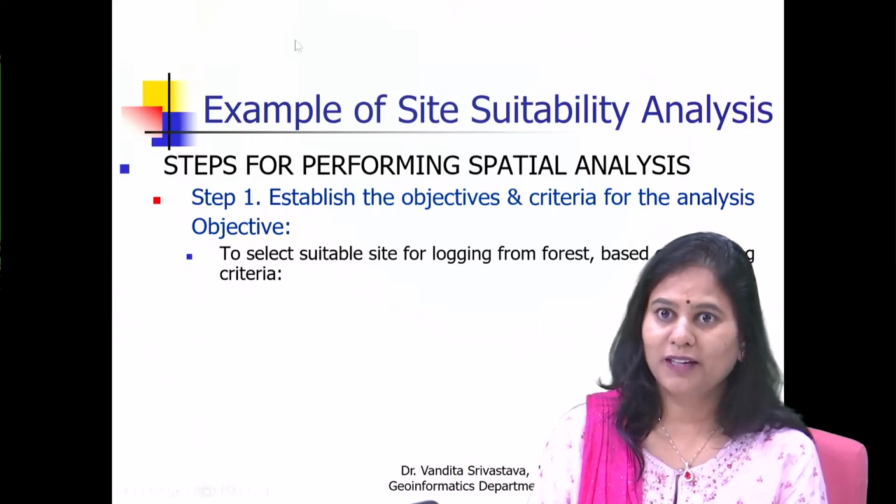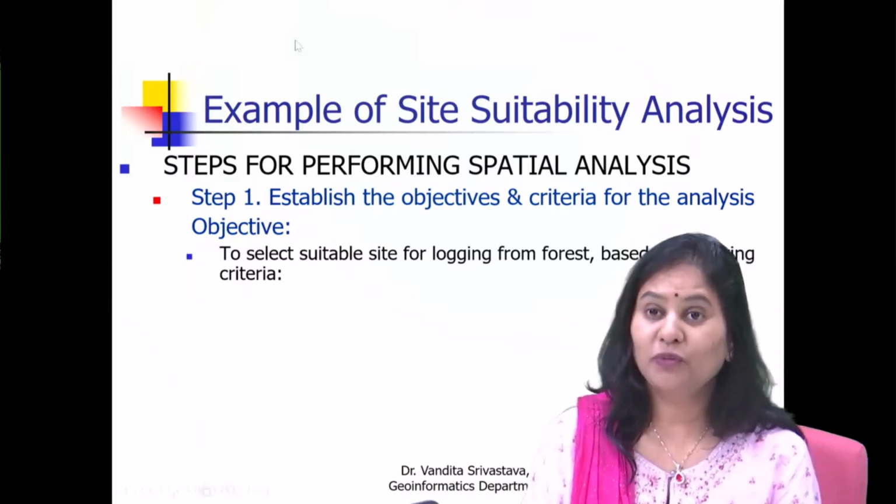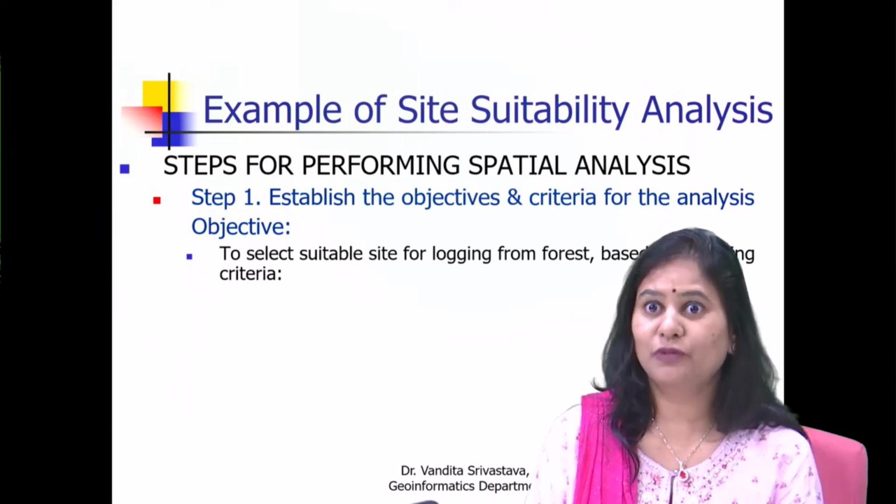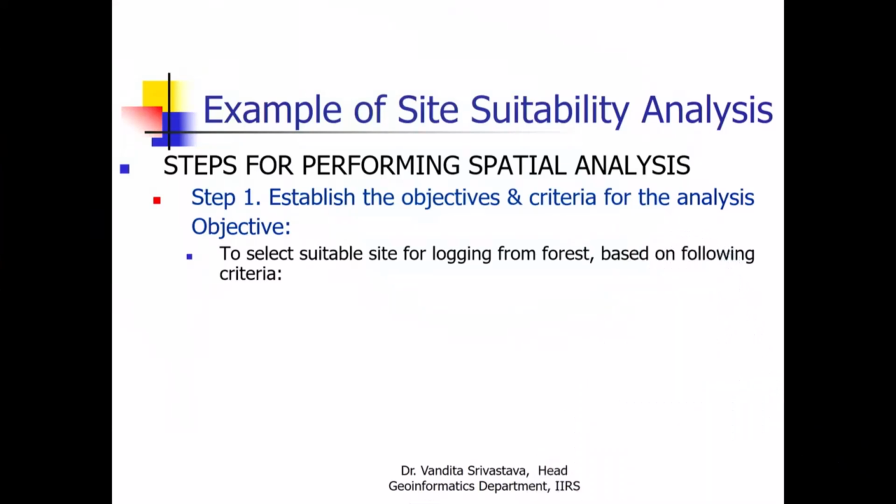Now you all know that logging from a forest could be very serious if the environment is not taken care of. It could harm our environment. So if I am a techno manager who wants to log trees from a forest, as a timber company, I wish to earn profit, but I don't want to harm the environment.